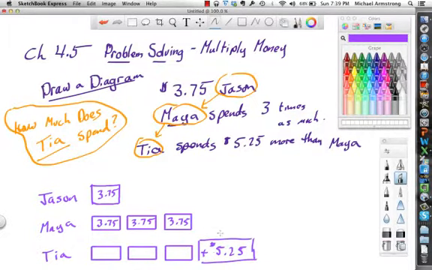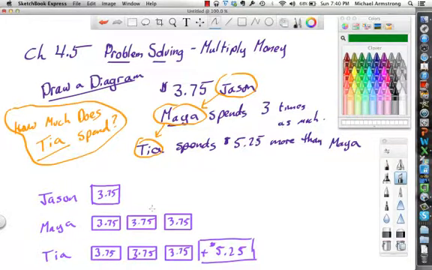Let's make the box bigger so we can tell, because it's a different amount. These amounts are all $3.75. Everything in one of these boxes is $3.75. Okay. So we have to do a little bit of math now to work these out.